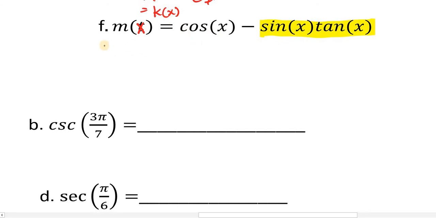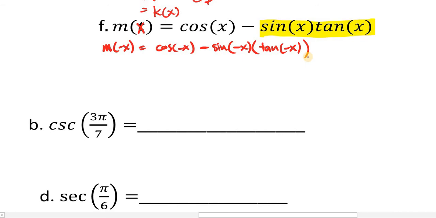Let me prove that algebraically. M of negative x is equal to cosine negative x minus sine negative x times tangent negative x. Cosine is even, so it's going to be cosine x minus, and then I'll put the negative here.